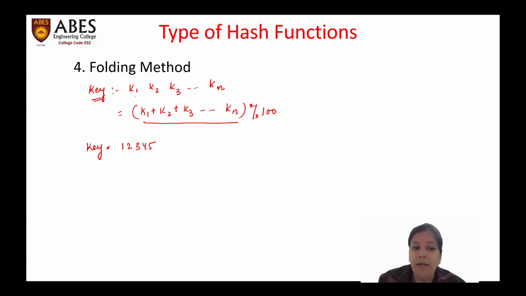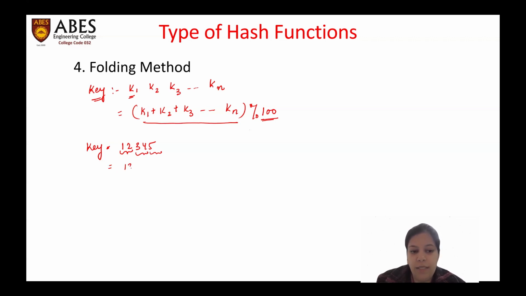There can be a different number of digits that you can take here, because the table size is 100 and the indexes will be from 0 to 99. So I'm taking the number of digits for folding as 2. So we will divide this number into 12, 34, and the last can be only 5.